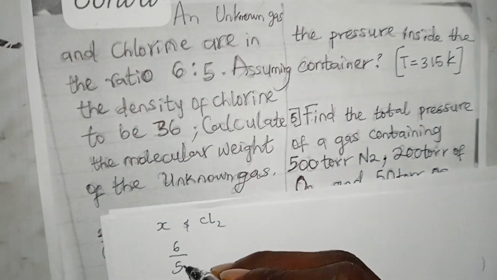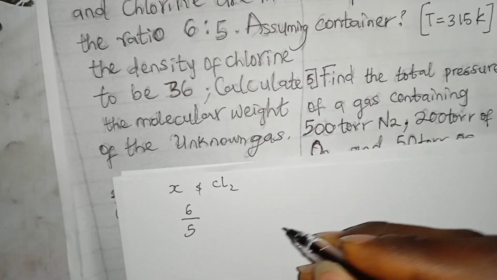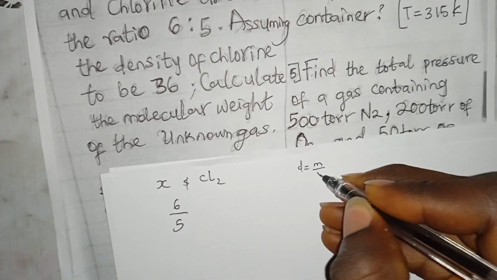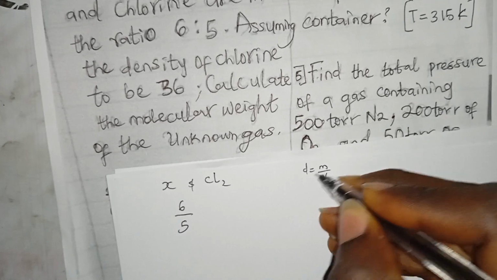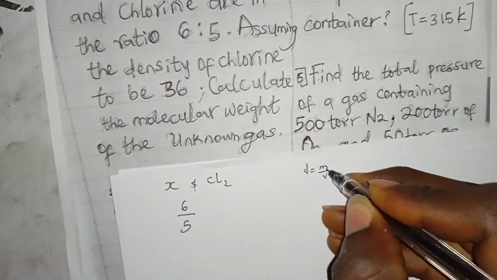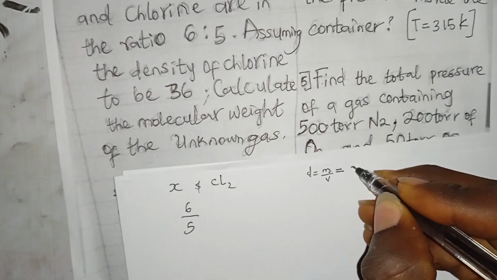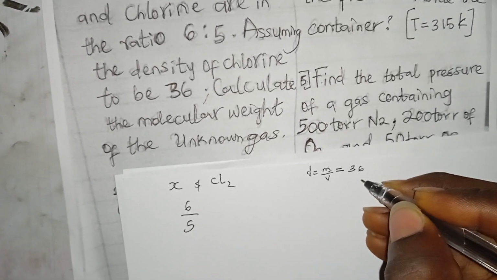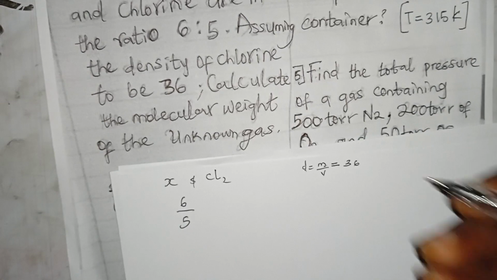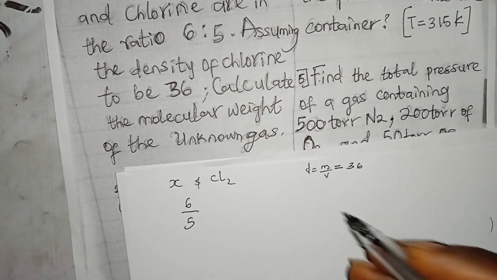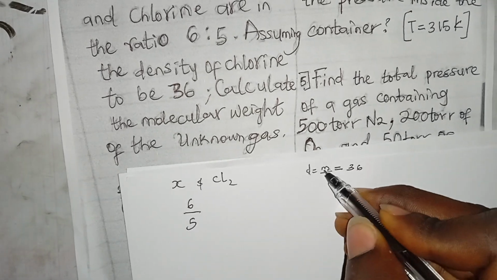So this ratio means the rate of diffusion. Density is equal to mass over volume, which means that as mass is increasing, density is increasing. This means directly proportional. So the molar mass of chlorine is 36.